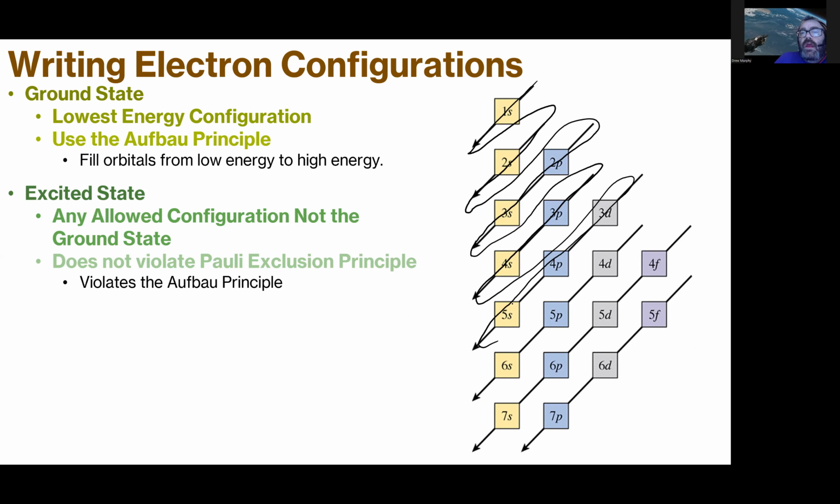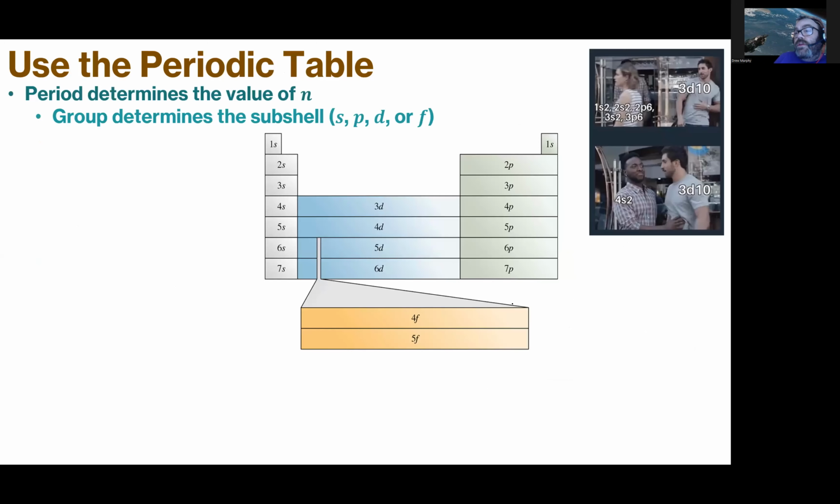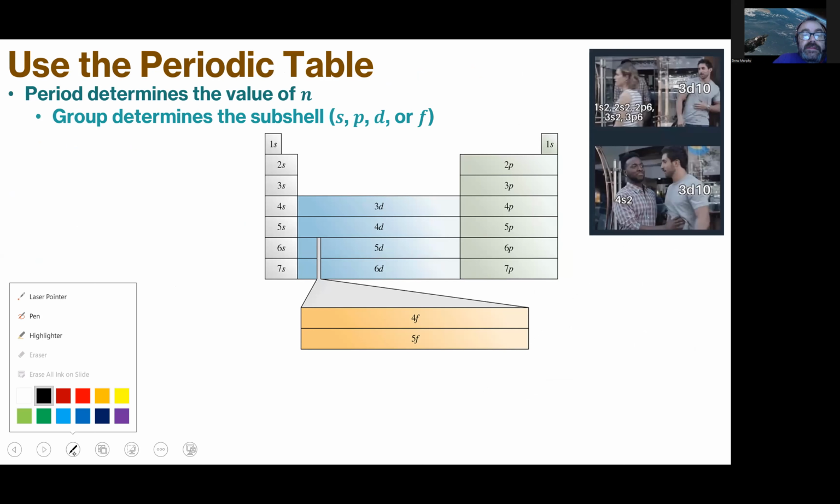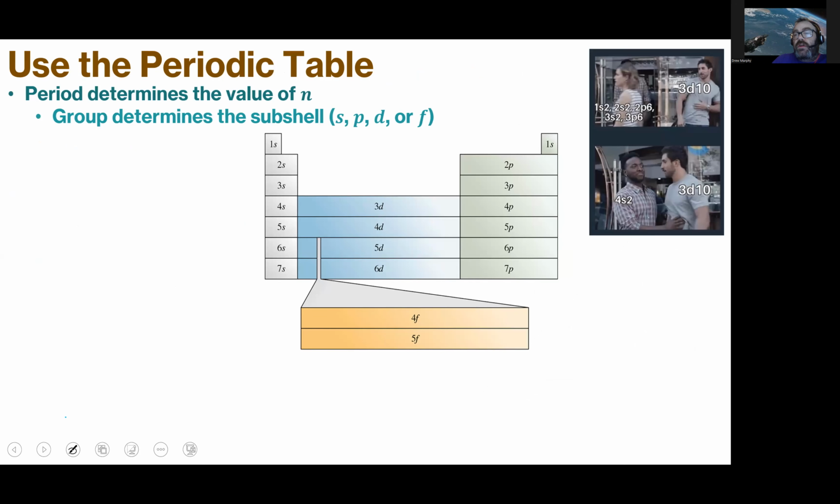What we're going to do is use the periodic table, and the periodic table is set up in a way that's going to tell us what the electron configurations are. The table is broken down into blocks, and this is just how the periodic table is put together. The block tells you what the last electron subshell is going into.